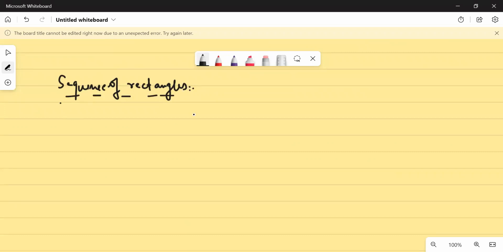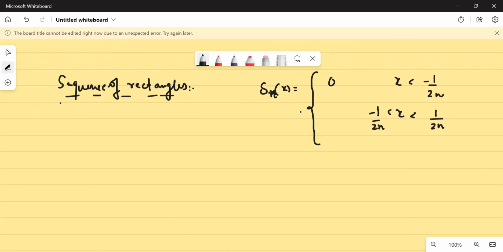Can I not write my function in this manner? Dirac nx is equal to 0 if x is less than minus 1 upon 2n. If x lies between minus 1 upon 2n and 1 upon 2n, then it has a certain contribution defined by n. And if x is greater than 1 upon 2n, then it is again 0.